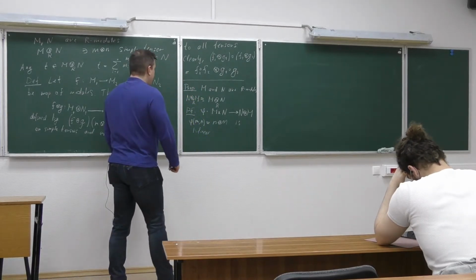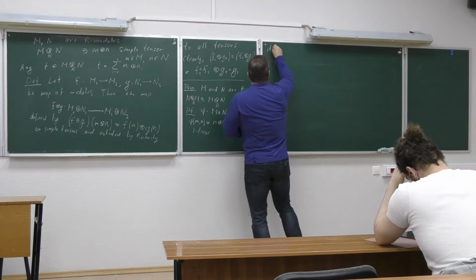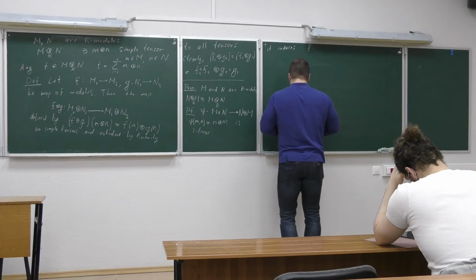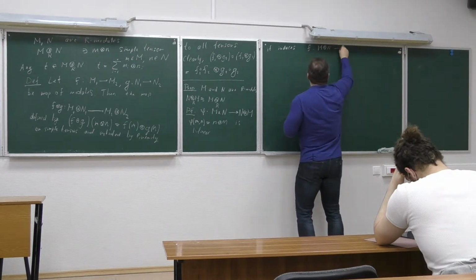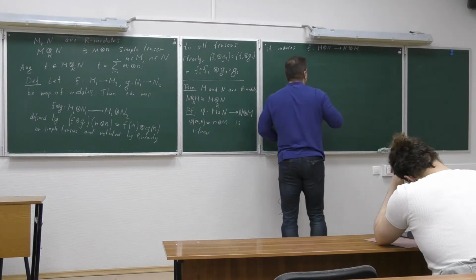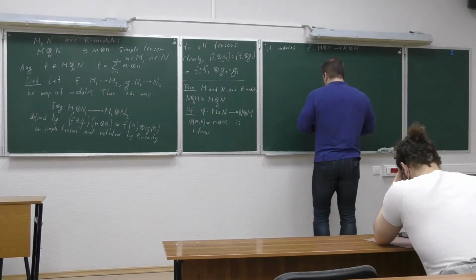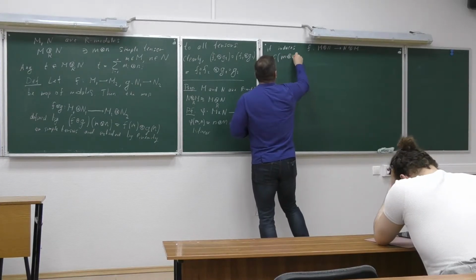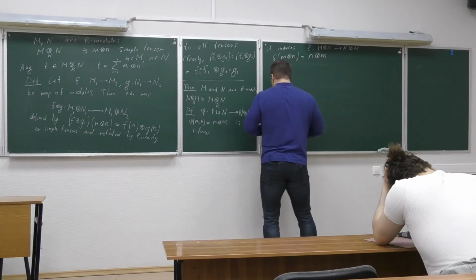And since this map is bilinear, it induces a map F from the tensor product M tensor N to N tensor M. So in other words, on simple tensors, you just switch the order of two factors. So F on the simple tensor m tensor n is equal to n tensor m.